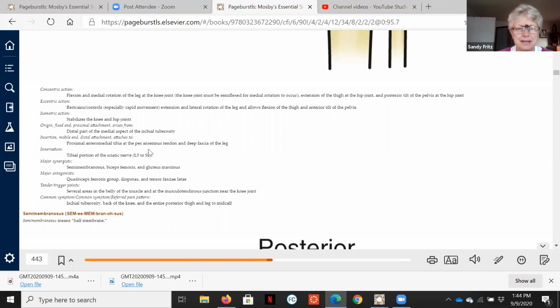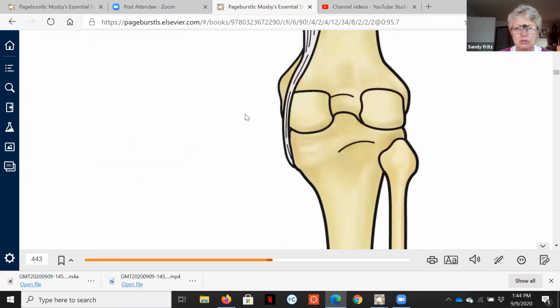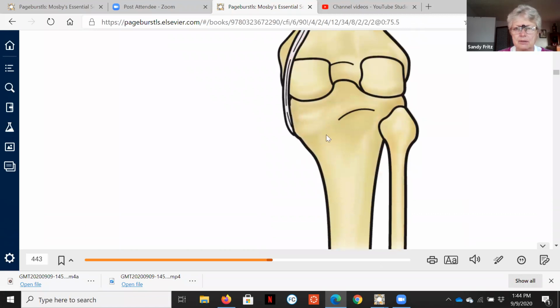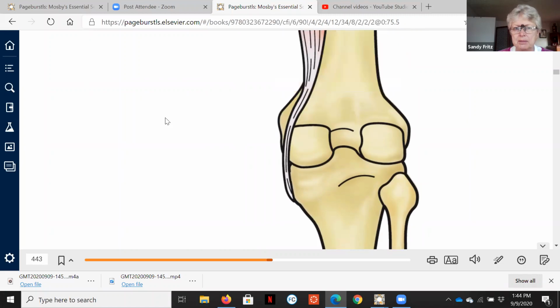I always pronounce it anserinus, so I'm sure I'm killing that. Tendon and the deep fascia of the leg. So over here is where that happens, where that common tendon is at.